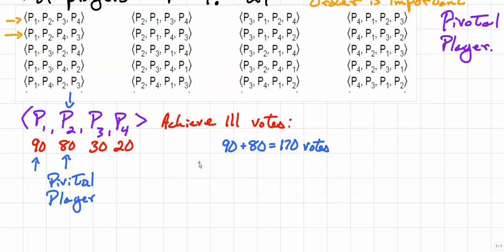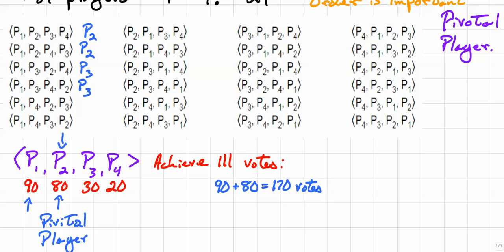Using the same logic that I have just used, we will find that the pivotal player for all of these will be the following. This will be p sub 2, p sub 2, then p sub 3, p sub 3. Now you'll notice that I've got p sub 2 for the first two and then p sub 3 for the second two.